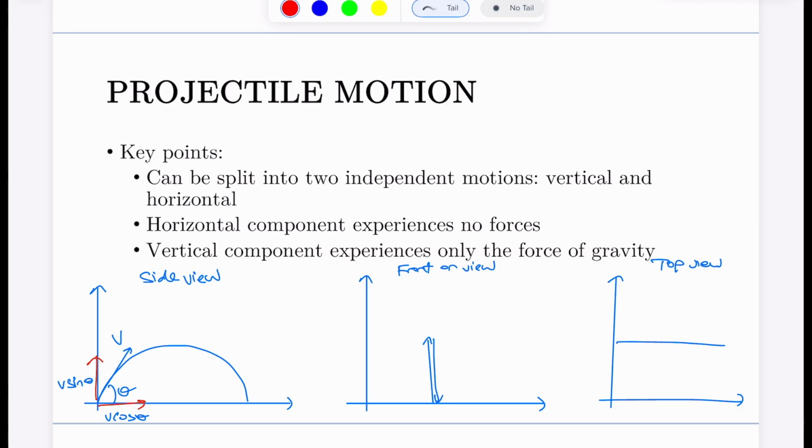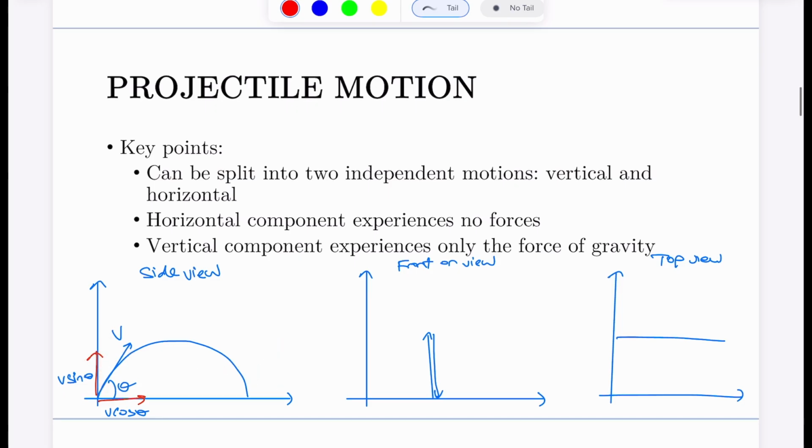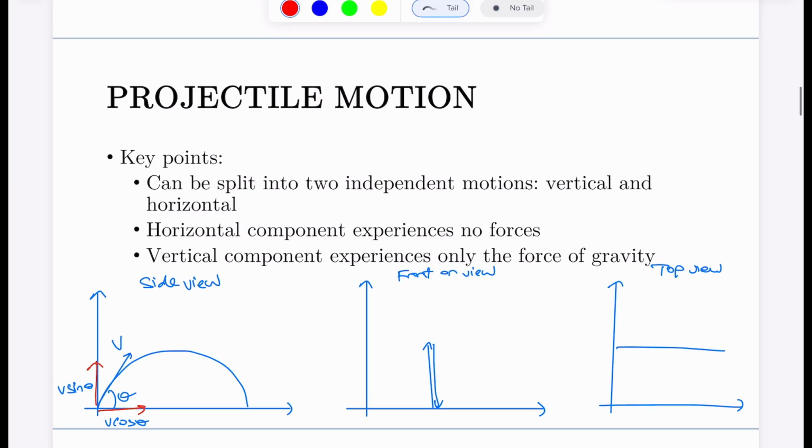Now, if instead you're looking at it from the front, say that you were standing here and you're looking at your friend directly who was throwing the ball or whatever they were throwing, and this is also if they threw it perfectly in line and it didn't go to one side or the other, they threw it perfectly to you, and that's the assumption with projectile motion as well.